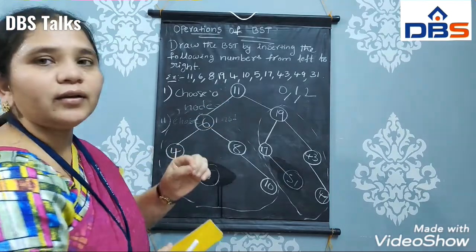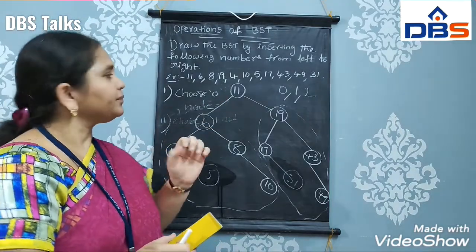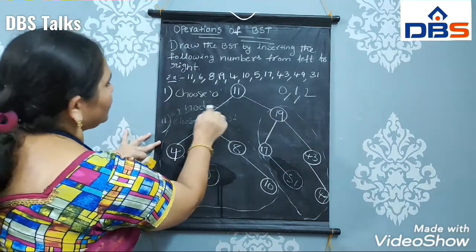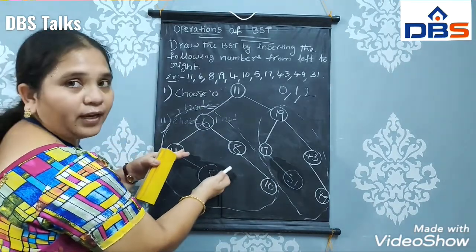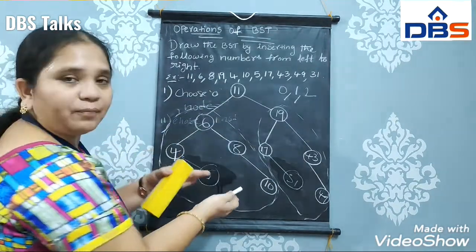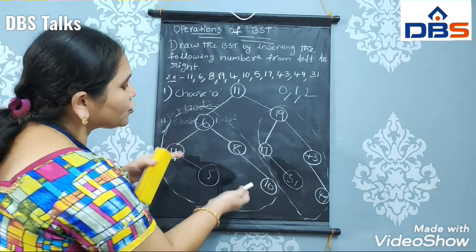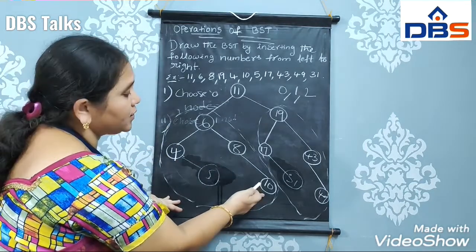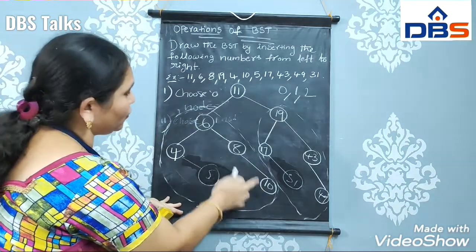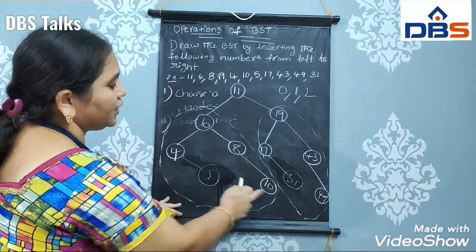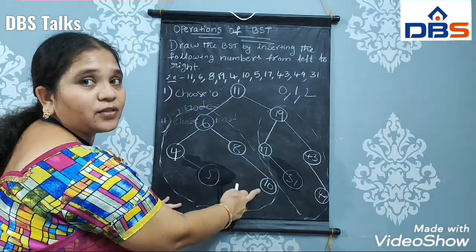So in-order predecessor is nothing but, we have to observe this left subtree. From the left subtree, we are choosing the highest node. What is the highest node in the left subtree? 10. 10 is the highest node.